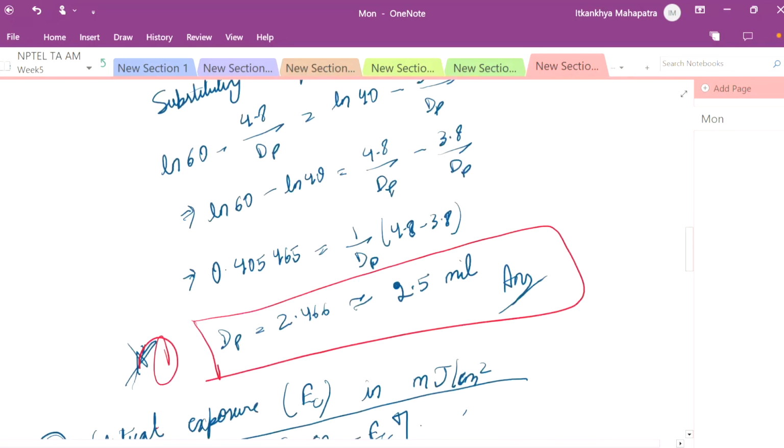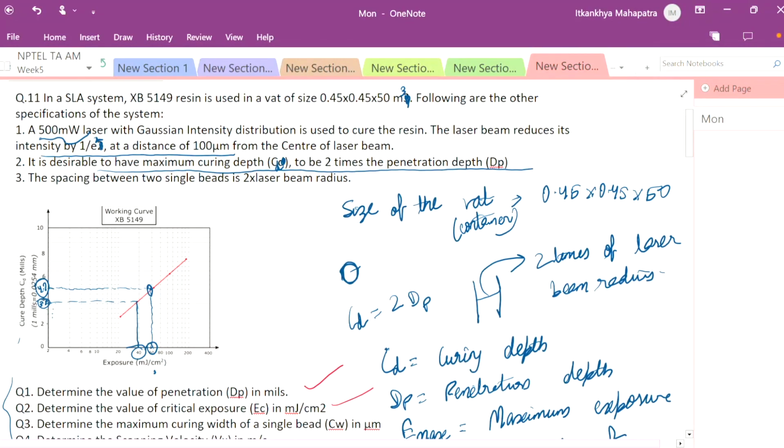Now I have a thing to mention. Here I took the points 40, 60 and approximately correspondingly I took the depth. Someone may select 20, someone may select 80, it depends. That is why in GATE exams we have a range, and between that range the answer should come.